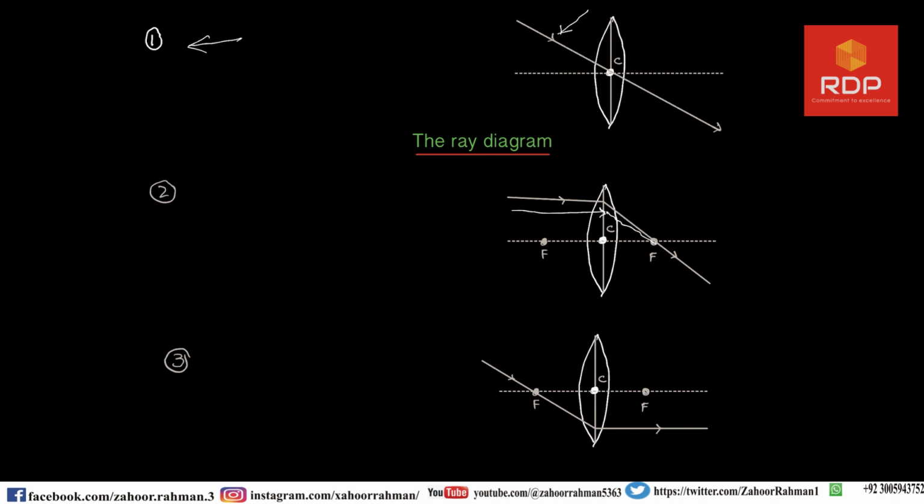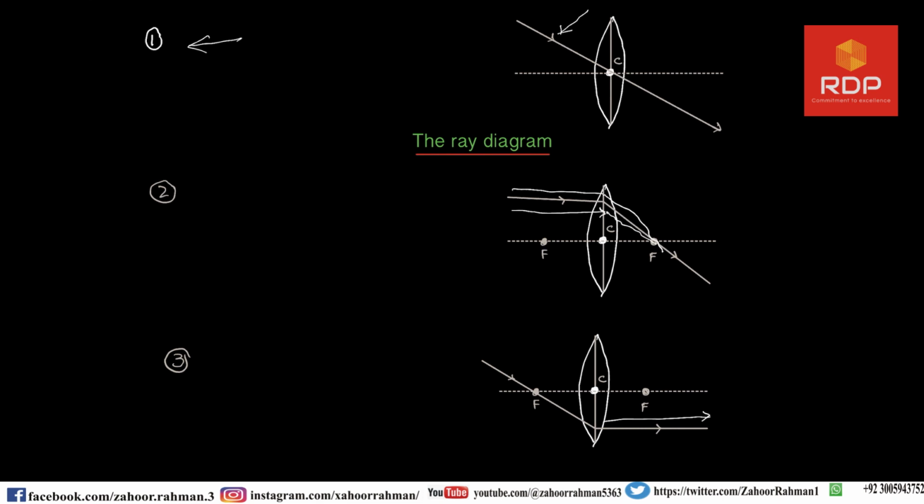The third one is also important. If a line is passing from the focus point, then after passing that line from the lens, it will become parallel to the principal axis. In this case, if a line is passing parallel to the center, then it will be diverged to the focus point.